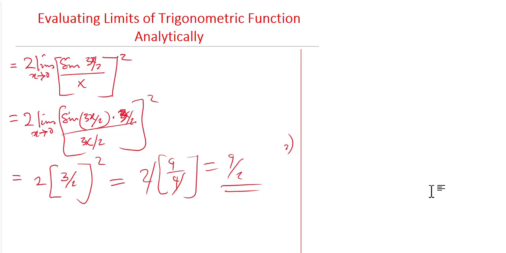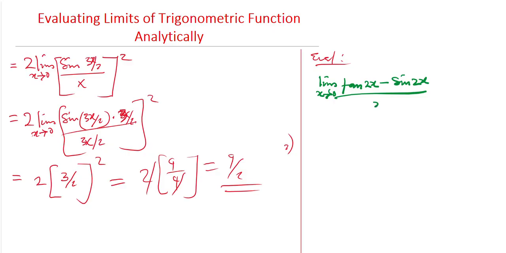Now, if you are given to evaluate the limit as x approaches 0 of tan 2x minus sine 2x all over x to the power of 3, how do you solve this?